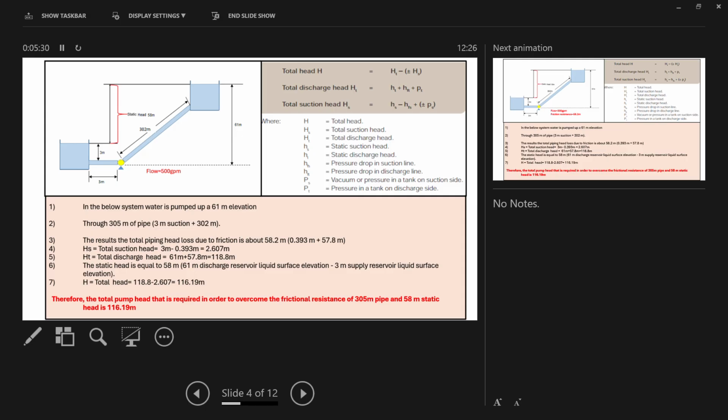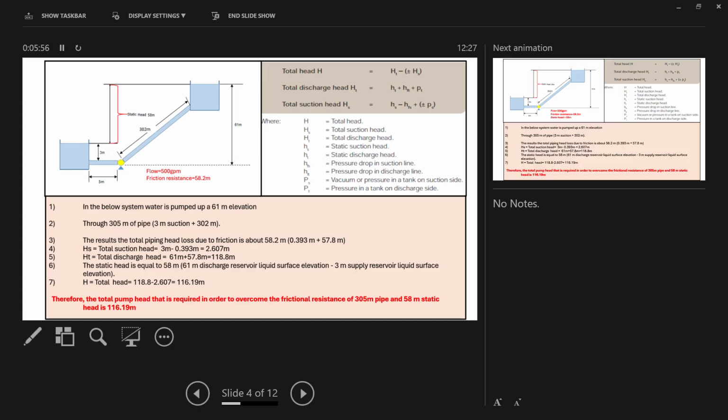In this slide, I have shown you the pump which is discharging a flow of 50 gallons per minute, and the frictional resistance it has to overcome while running. The distance from the tank to the pump center line is 3 meters, and from the pump center line to the discharge overhead tank is 302 meters.